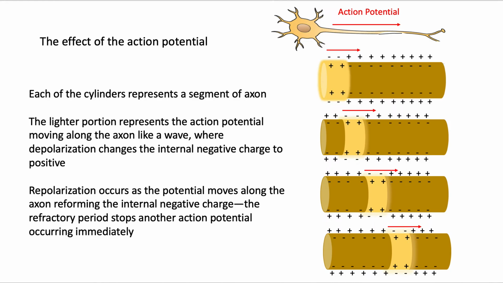And a diagram here where each of the cylinders is showing the progression of the action potential moving along the axon like a wave, and depolarization changes the internal negative to positive and flows along the axon.